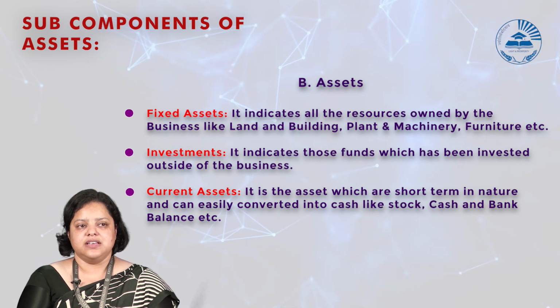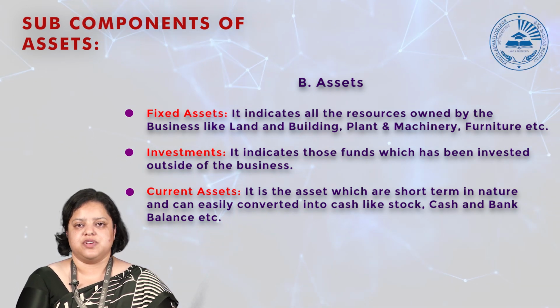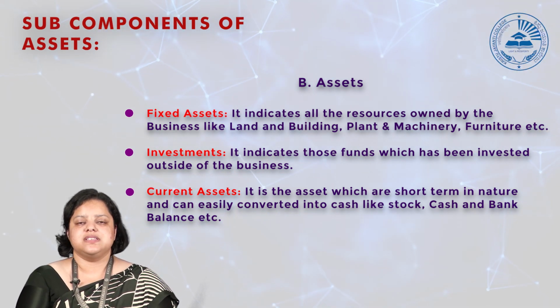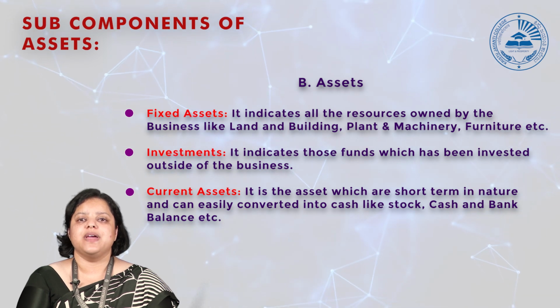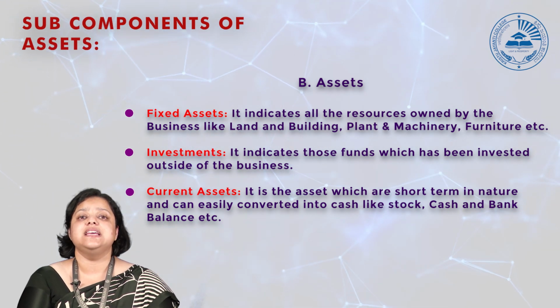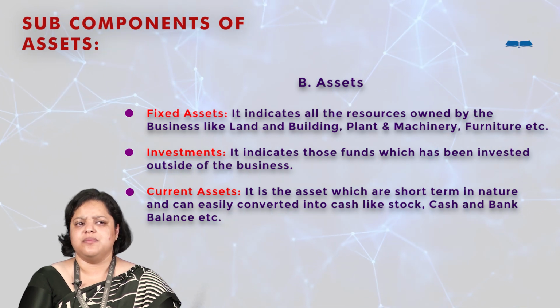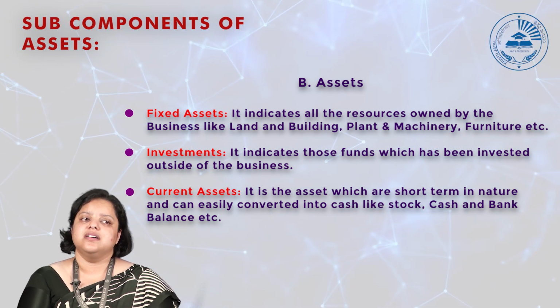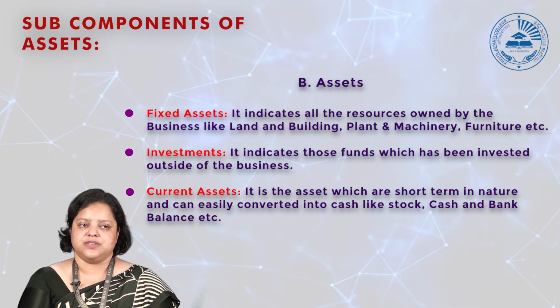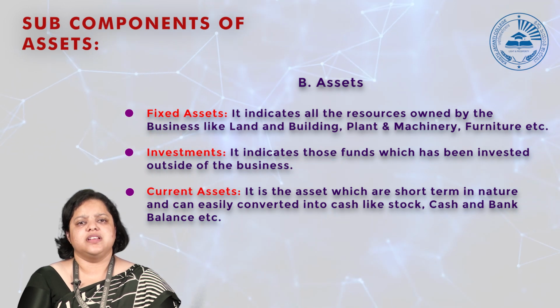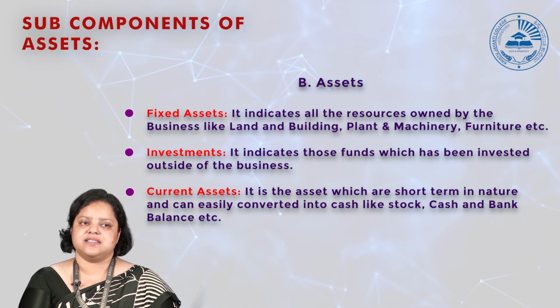The second subheading we have is investment. Investment means if the company makes any investment in any other company, whether short term or long term, that comes under investment in the balance sheet. The last subheading we have is current asset.